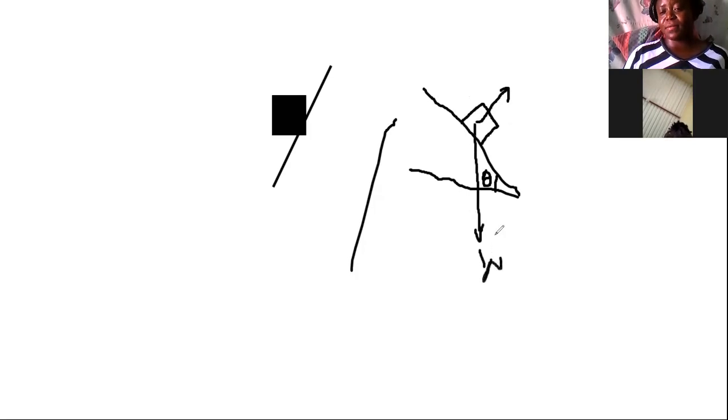That is our weight. So we'll see that this is perpendicular, the normal force, and you can see that your weight is acting in components.